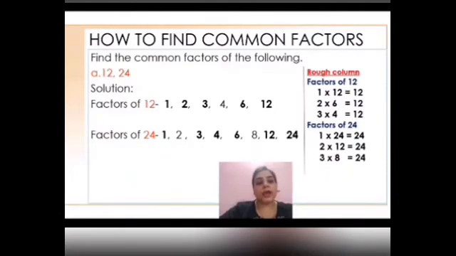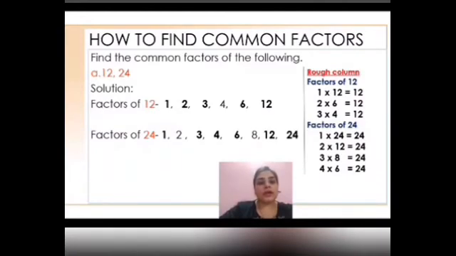When you multiply 3 and 8, you again get 24. The next pair is 6 and 4. When you multiply 6 and 4, again you get 24. So the factors of 24 are 1, 2, 3, 4, 6, 8, 12 and 24.